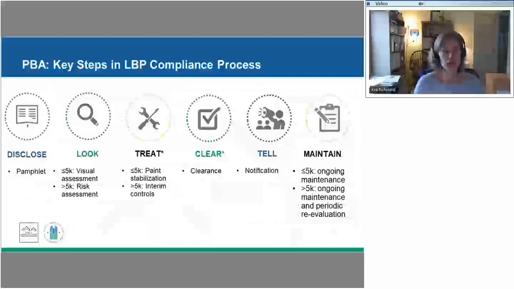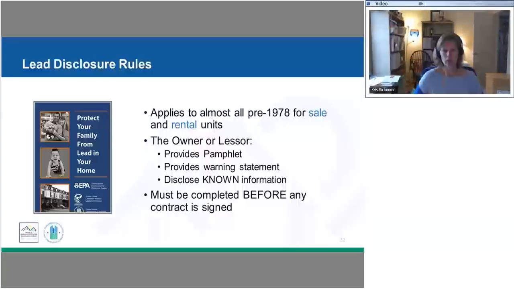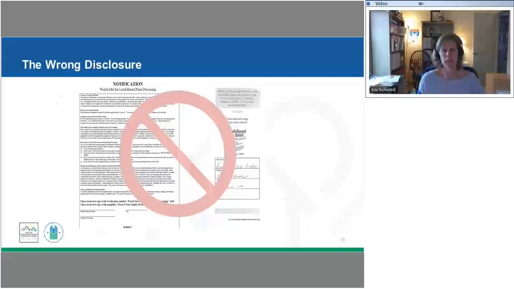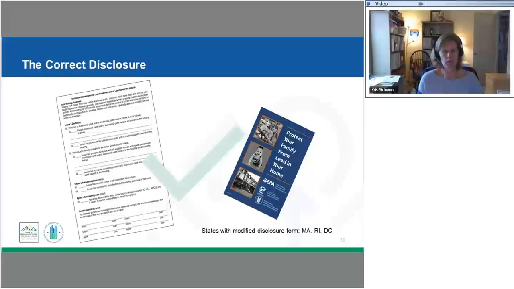But going back to the steps, we have disclosure. So remember when we talked about disclosure, we were making sure that the owner was providing that pamphlet. They were providing the proper disclosure form, making sure it was being signed either at lease or before the lease was provided. They're getting that disclosure notice.